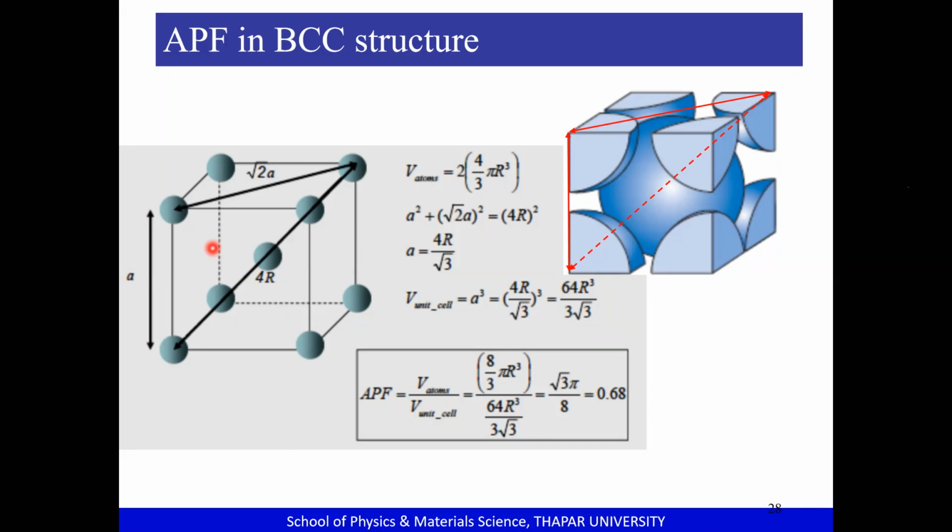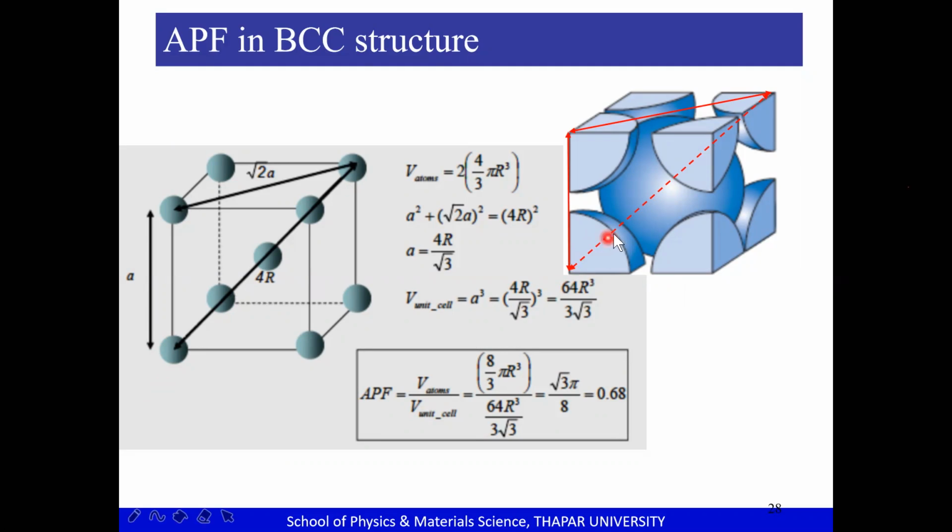In case of BCC, we have an atom sitting in the center, so we should look along the body diagonal. So if I now look along the edge, the vertical edge, which is the height, it is equal to a, the lattice parameter. The length of the body diagonal, I can define in terms of the radius R, as you can easily understand from the right hand image.